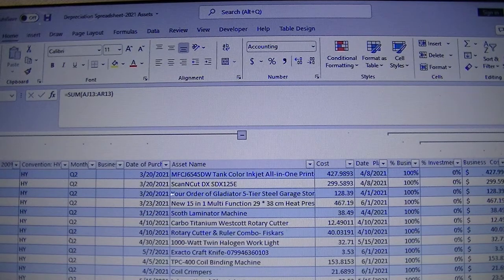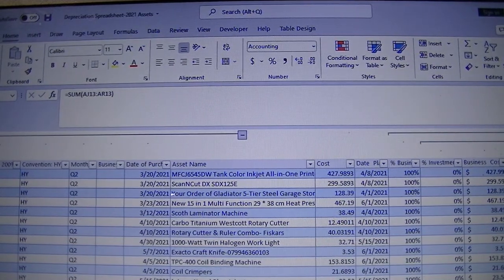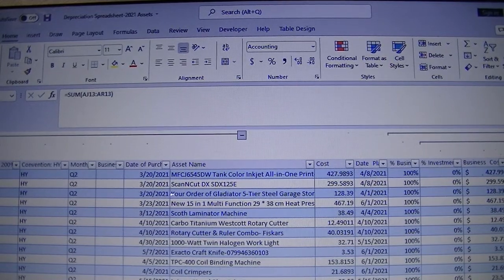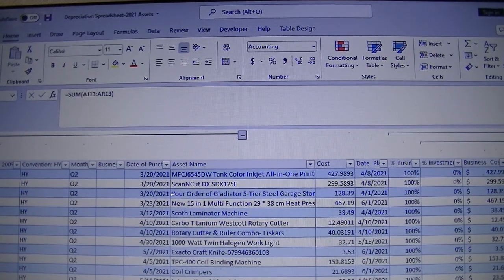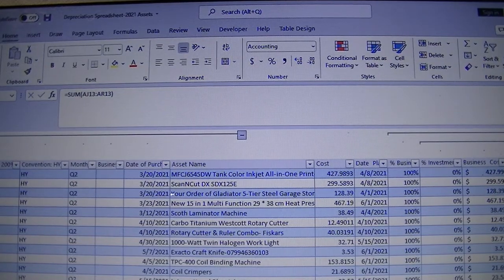So you are going to look at the class life and go look at the recovery period under GDS.